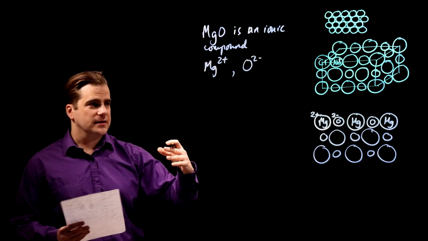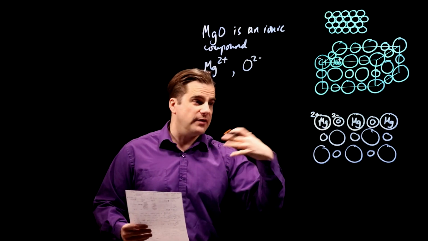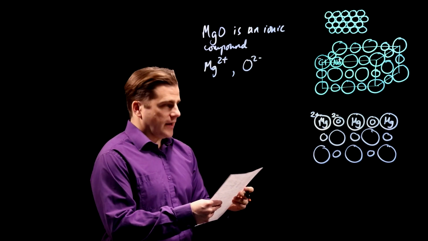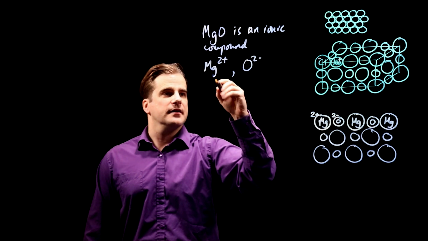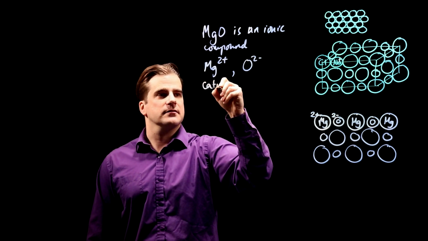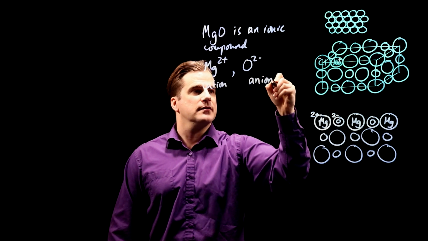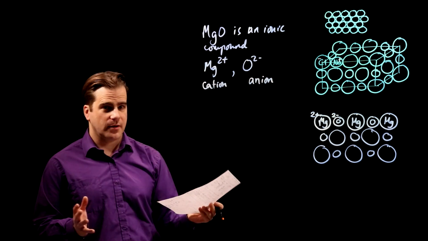At this stage, we're aiming for 3 marks. We're just regurgitating your knowledge. You could also say that magnesium is a cation because it's positively charged and the oxygen is an anion. Might get an extra mark for that.